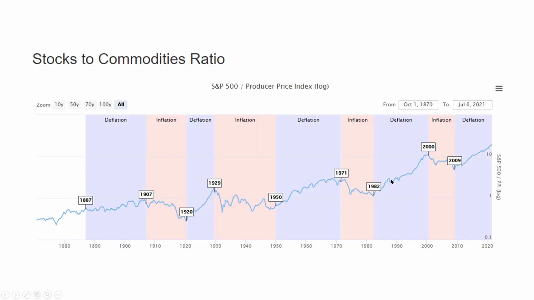First, we're going to do stocks to commodities ratio, because that's what tells us what's undervalued or overvalued. We can see a slight uptrend here, but we are in massive undervaluation for commodities, and I think commodities will outperform stocks. We're going to go into what I think is an inflation period, and we're about to start it any second.